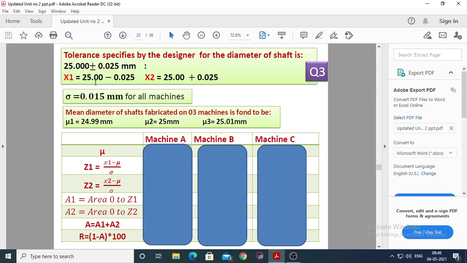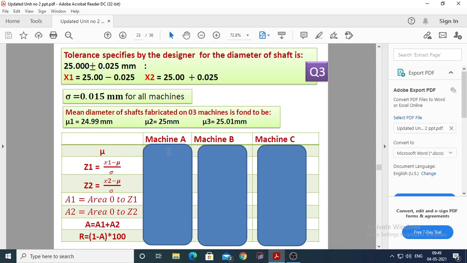The x1 value is 25 minus 0.025, which means a tolerance is given, so indirectly you have given the x1 and x2 values. x2 is equal to 25 plus 0.025. Then sigma is given as 0.015 mm for all machines.